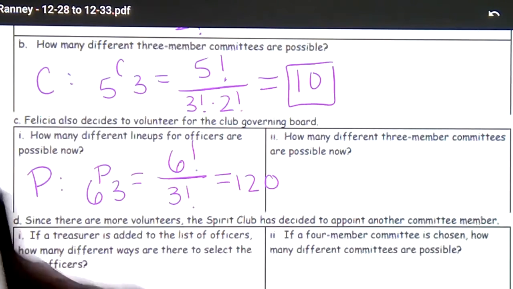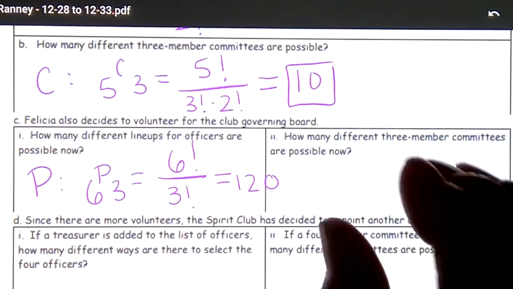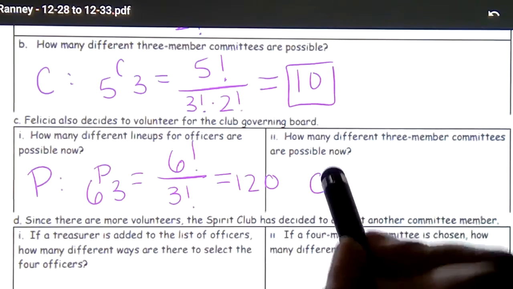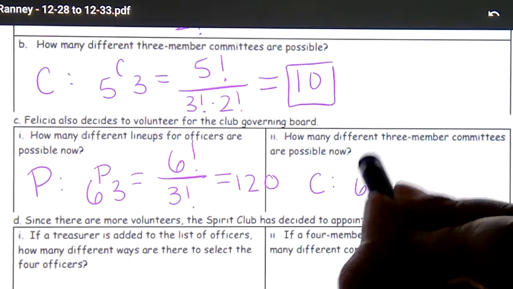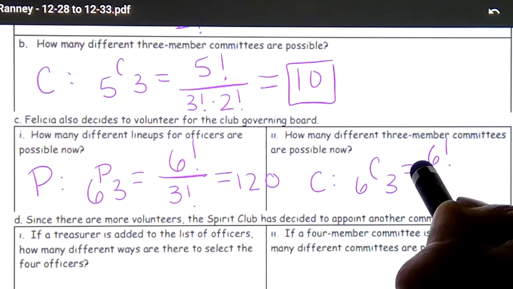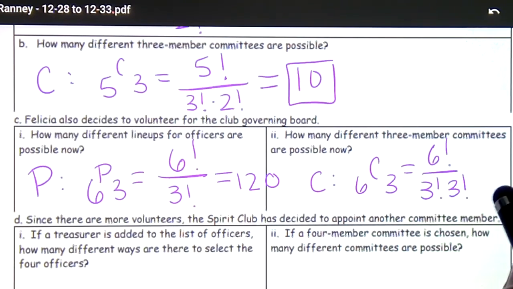Now here, same situation. We have Felicia in the group now. We have 6 people. We now are still picking 3, but order doesn't matter. So that's going to be a combination, and this is going to be 6 choose 3, which is 6 factorial over 3 factorial times 3 factorial.